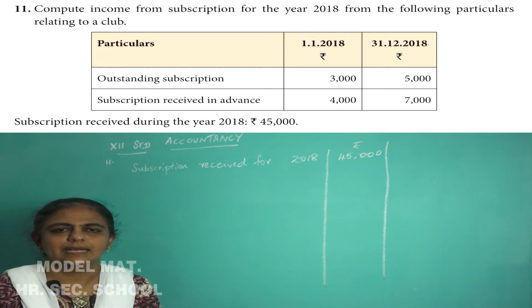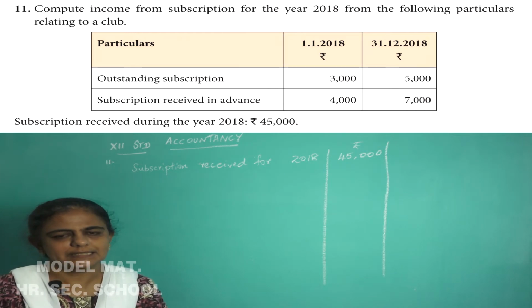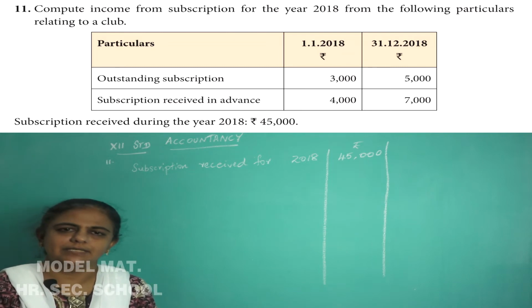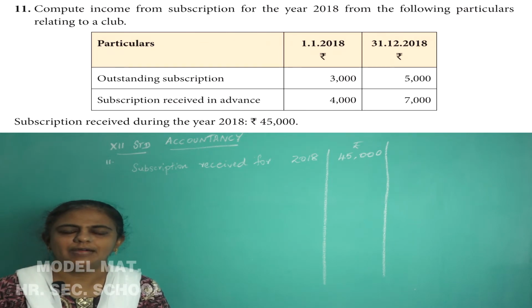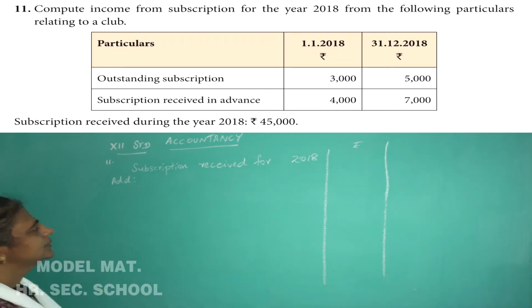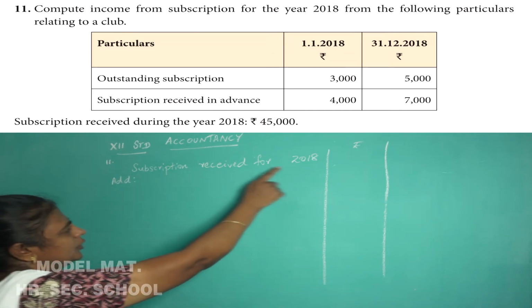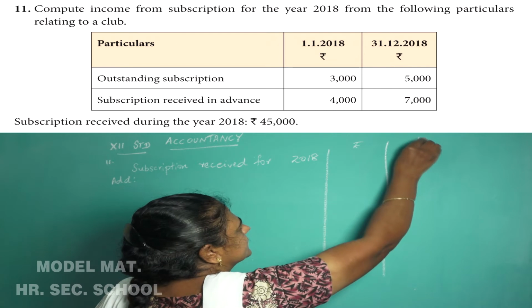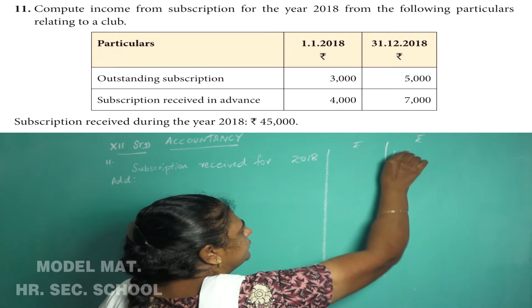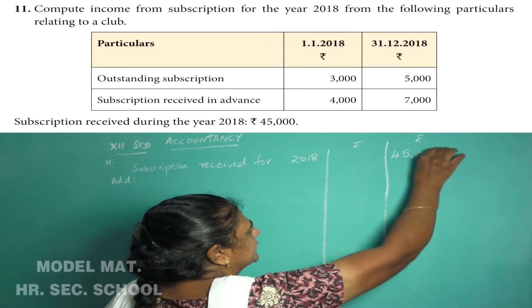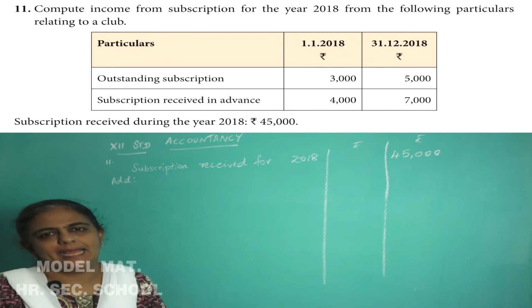It means it is a subscription for this year, but you have received it last year. So what you have to do? That should be added. Subscription received for 2018 is rupees 45,000.